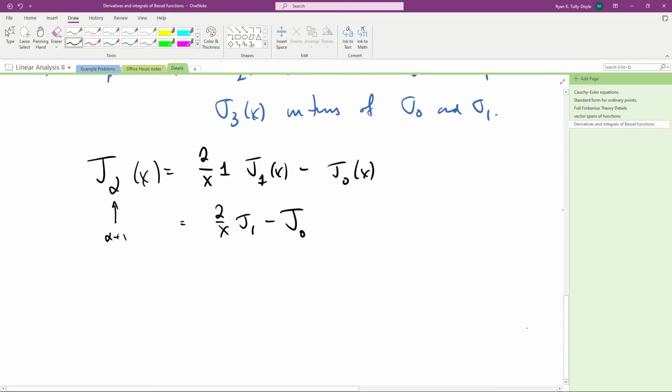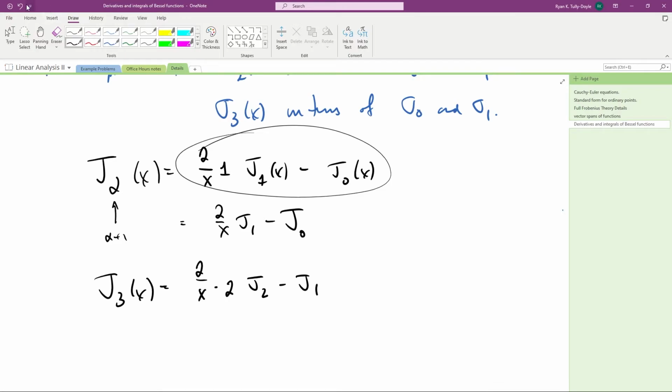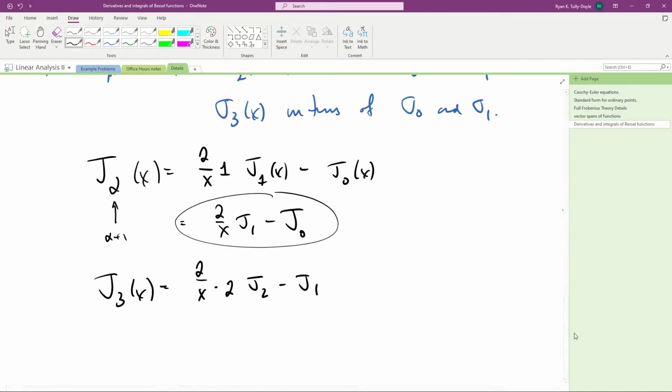If you want to go one step further, J3 of x is equal to 2 over x times 2 J2 minus J1, but J2 is equal to this. And so what we end up with is that J3 of x is equal to 4 over x times 2 over x J1 minus J0 minus J1.